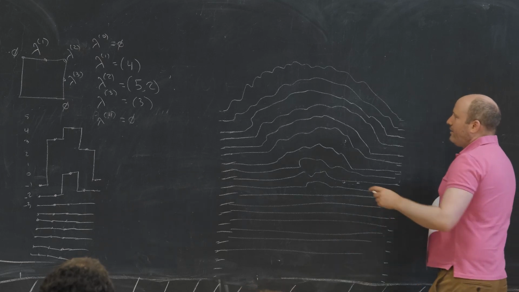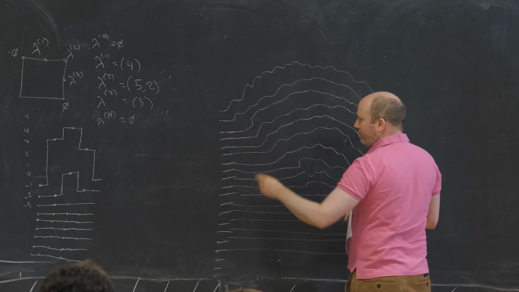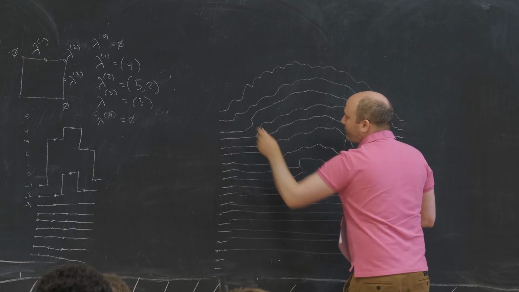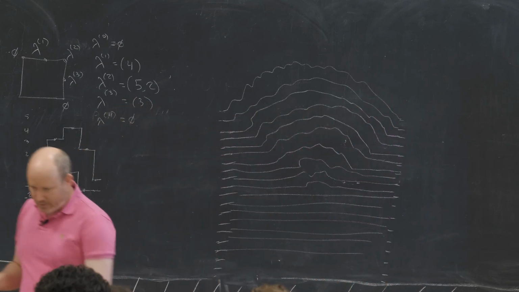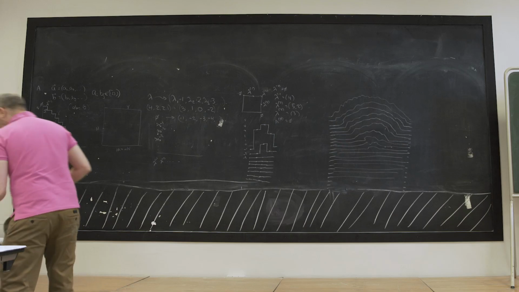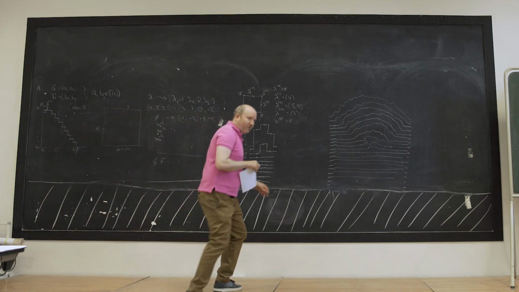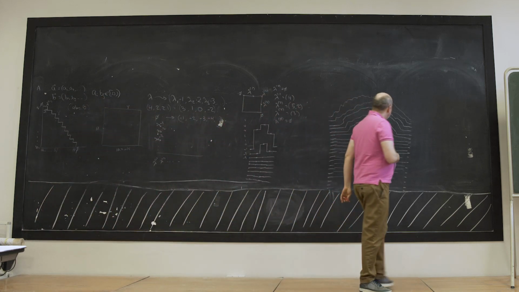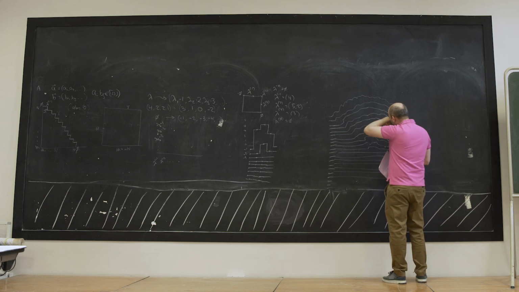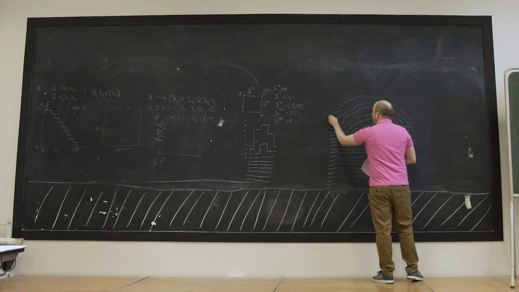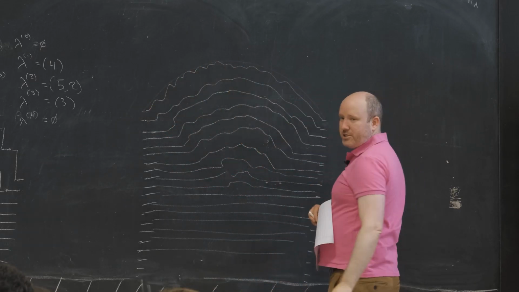Okay? Now, what is the sort of thing that we're interested in? Well, the first thing, if you imagine actually doing a big simulation, which is not so hard to do, but I'm not going to do on a chalkboard, is that you can imagine there's some limit shape.